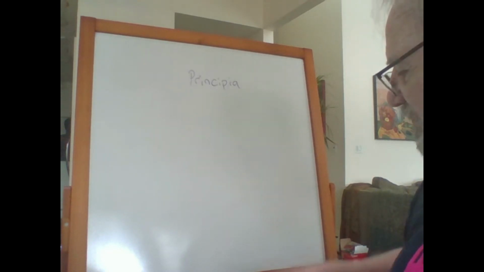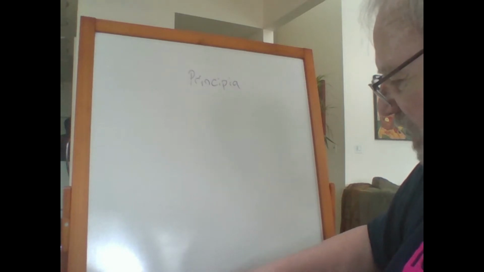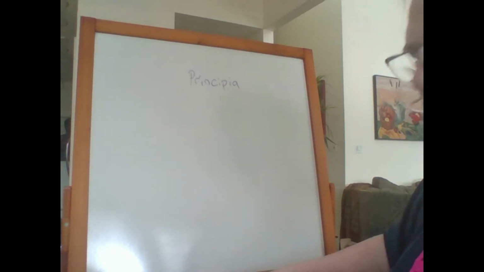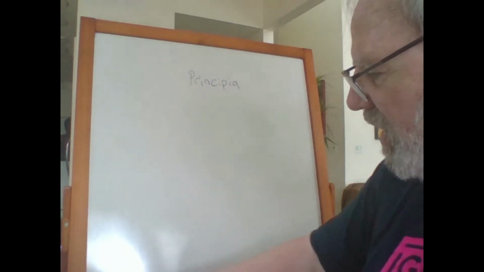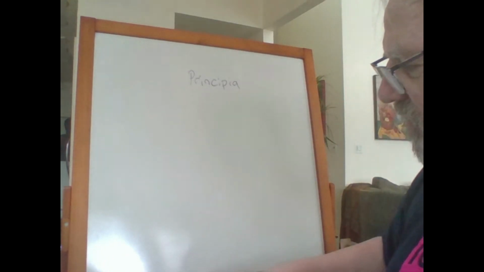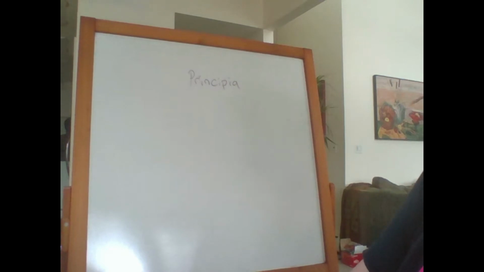That was the language that all natural philosophers used. They didn't have physicists or biologists or chemists; anybody who was involved in scientific inquiry using the scientific method was called a natural philosopher.